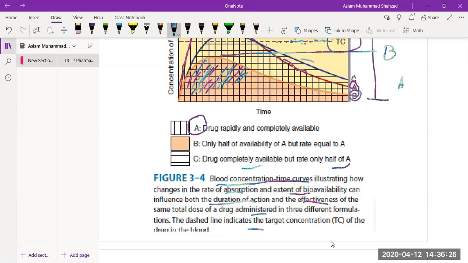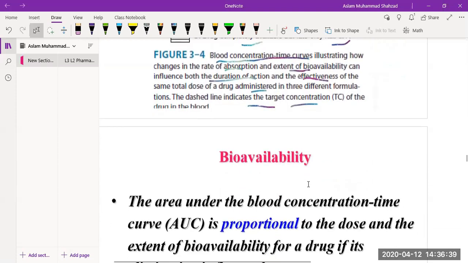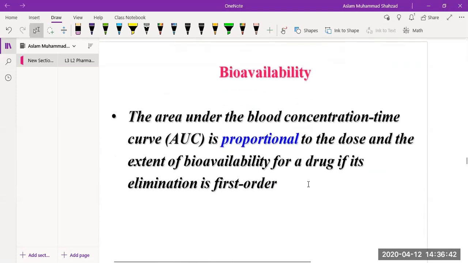And the dashed line indicates a target concentration or therapeutic concentration or therapeutic window of drug in the blood. The area under the blood concentration time curve, also known as AUC, is proportional to the dose and extent of bioavailability for a drug if elimination is first order.